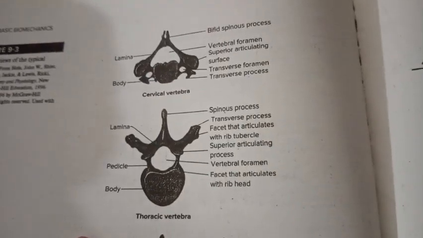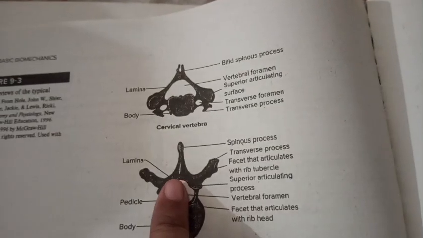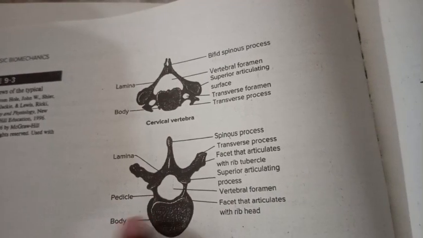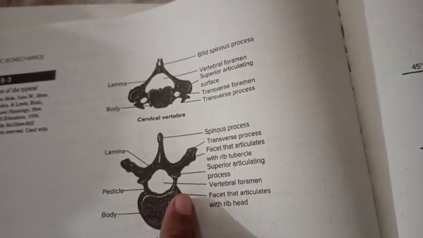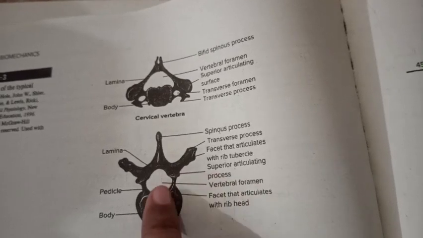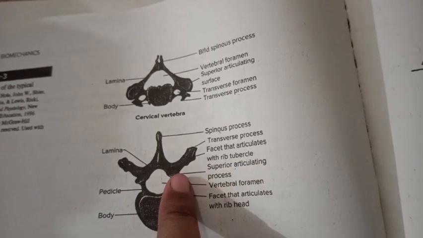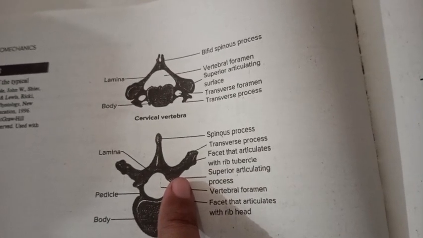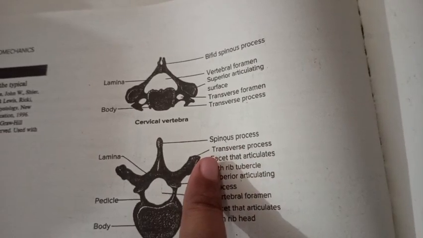Then we will talk about the thoracic one. The thoracic has the lamina here, and pedicles, body, facet that articulates with the rib head, vertebral foramen, superior articulating process, facet that articulates with the rib tubercle, and here is the transverse process, and here is the spinous process.